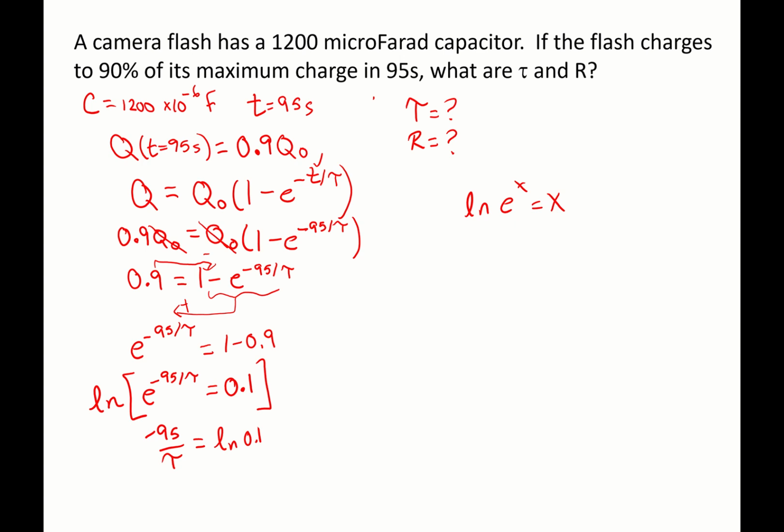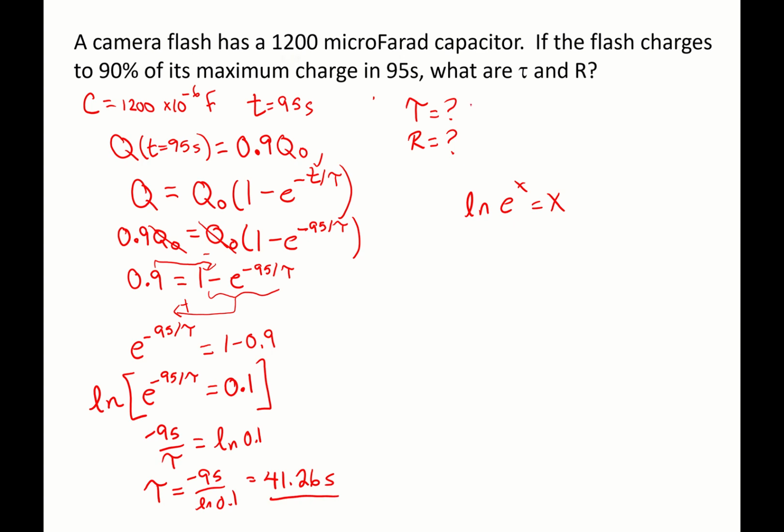Now I want to find the time constant. Rearranging, tau is equal to minus 95 over the natural log of 0.1. And I get 41.26 seconds. So my time constant is 41.26 seconds.